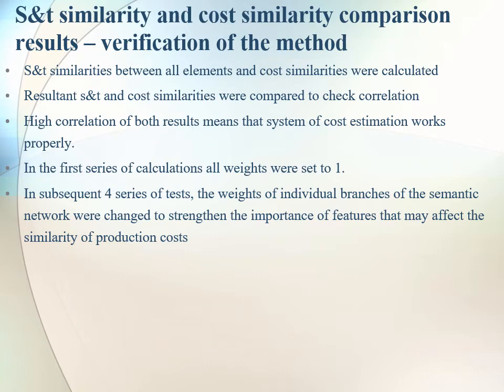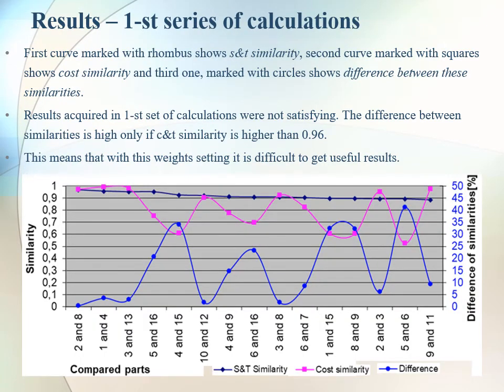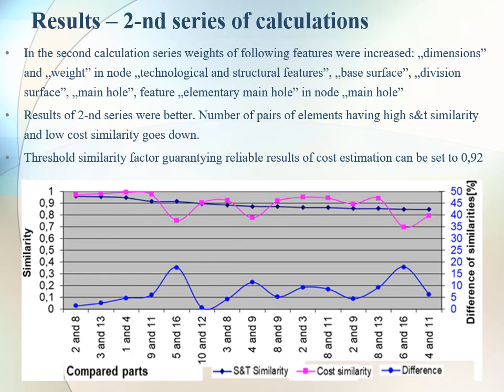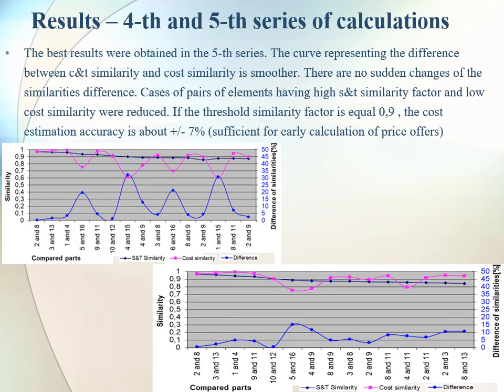So we ran a few sets of calculations, and in the first all weight factors were set to 1, and the results were that only very high similarity meant that cost similarity was also high, and then it started jumping. In the second set of calculations, we changed some weight factors to get much better results.